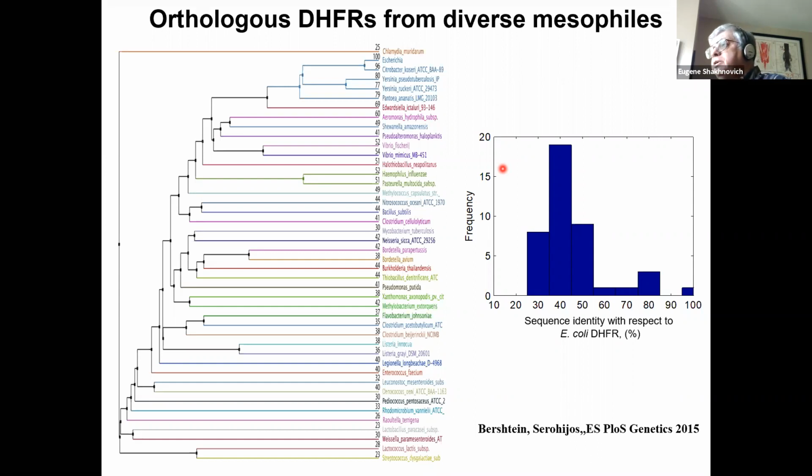So we did 43 strains, and this is the work mostly of Shimon Bernstein, who is now a professor at Ben Gurion University in Israel, but when he was a postdoc in the lab, he did that. And so essentially we have this zoo of transgenic E. coli, which have these 43 different DHFRs in their genomes replacing wild type DHFR, and also the zoo of these 43 DHFRs, which were purified and whose biophysics was measured.